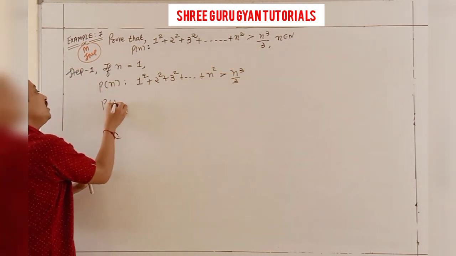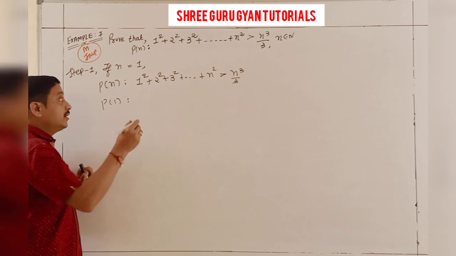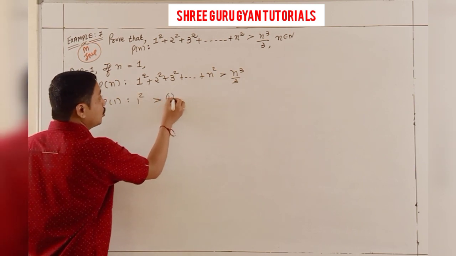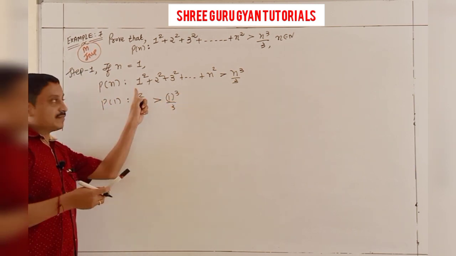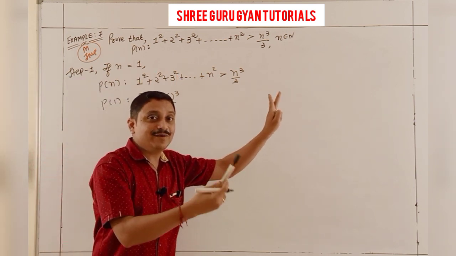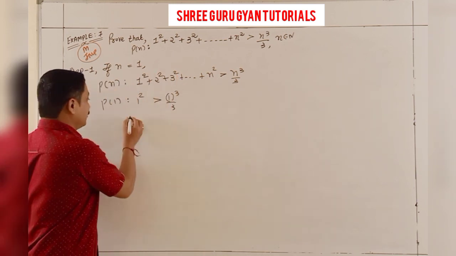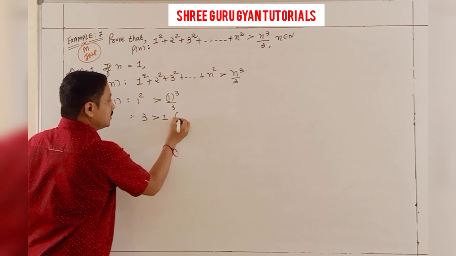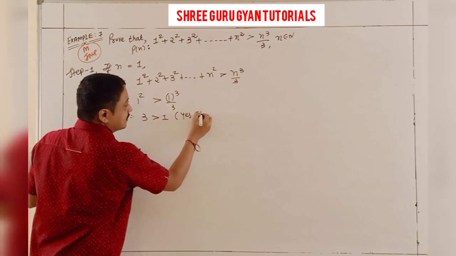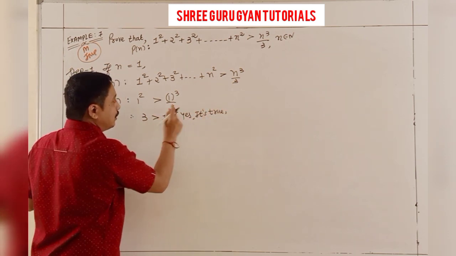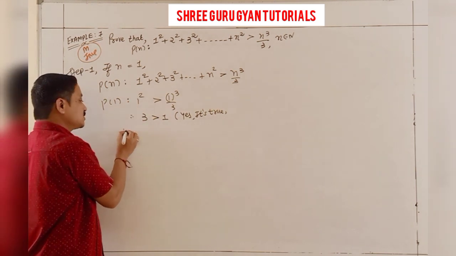But for P1, I write only one term here: 1 square is greater than 1 cube by 3. This is the first step, taking the right side value and checking. Is 1 greater than 1 by 3? Yes, it is true. So P1 is true.